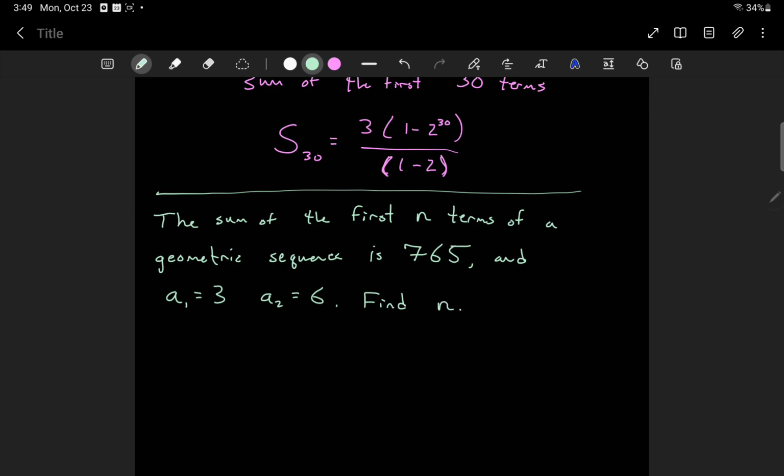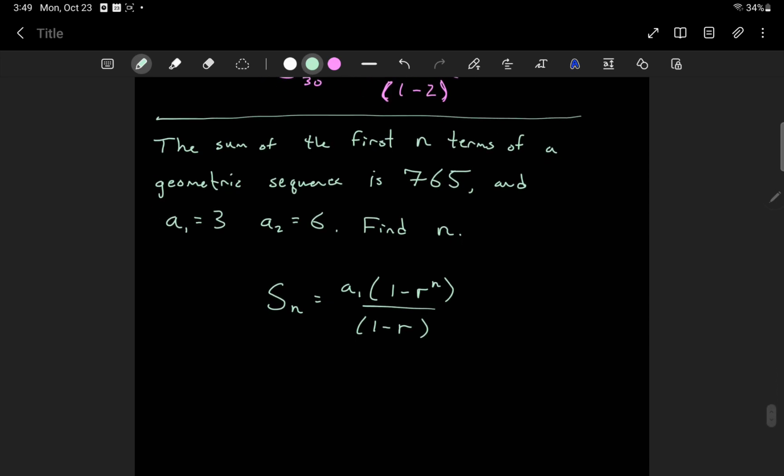So I'll set up the problem, I'll fill in everything that I know, right? S sub n is equal to A1 times 1 minus R to the n divided by 1 minus R. And if I fill in all the information I know, so first of all, I can figure out my R is going to be 2, right?